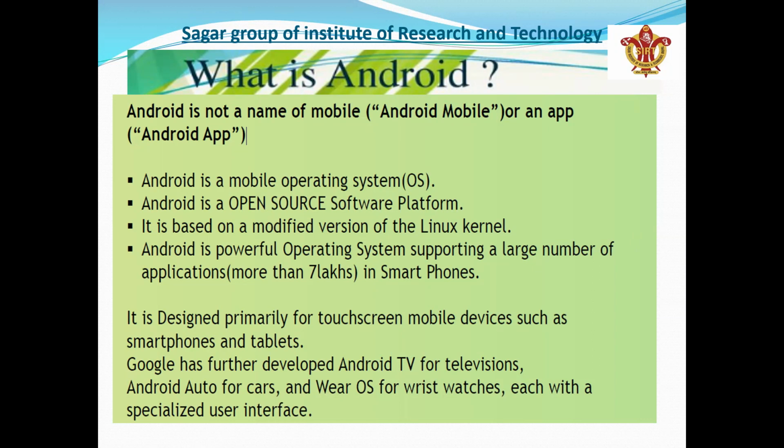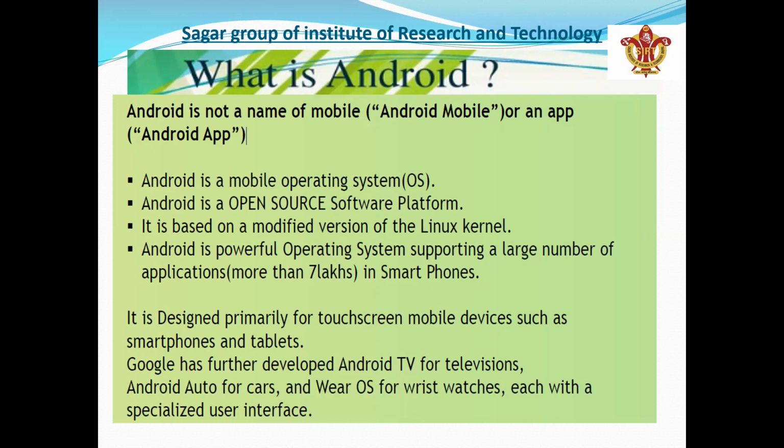So operating system is the basic terminology with Android. So what is the operating system? Operating system, you have read about many times. The operating system is system software that manages the computer's hardware and software resources.